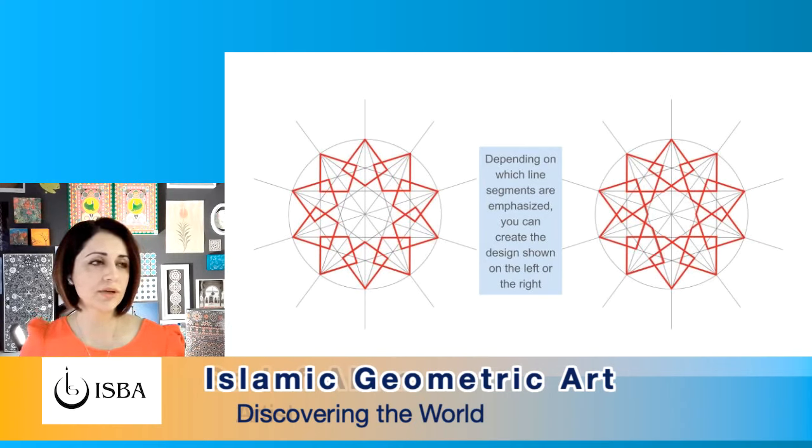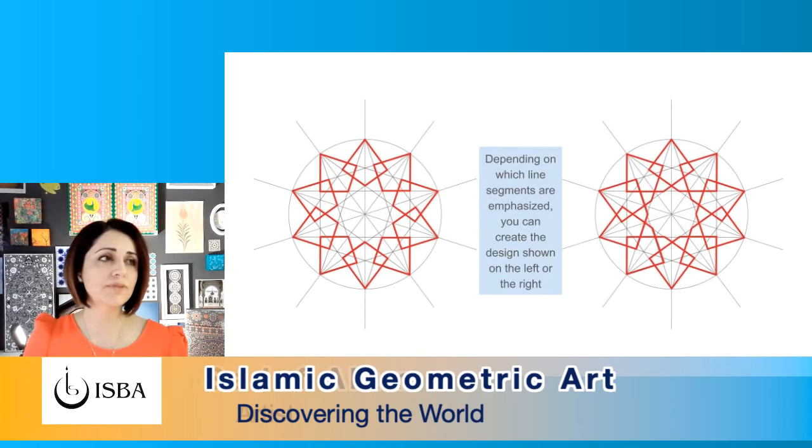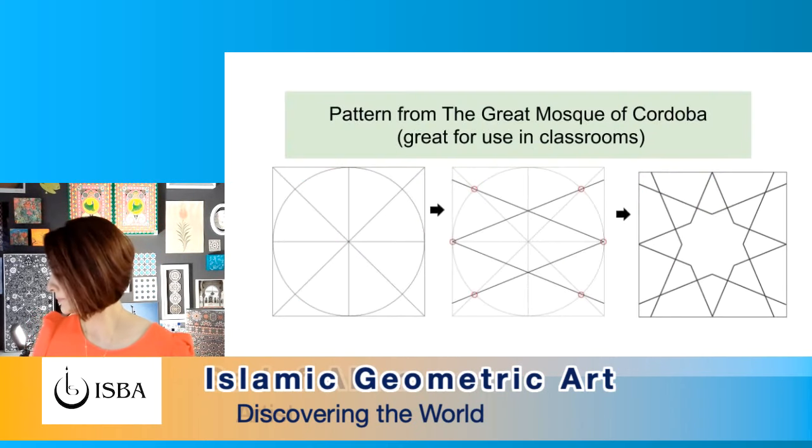But on the right-hand side, what you see is the same star shape, but it has been divided up into more kite shapes or petal shapes. So the interior star is a little bit more closed in. And again, these are made using the exact same construction lines. So that's an example of a 5-fold design. Okay, next slide, please.